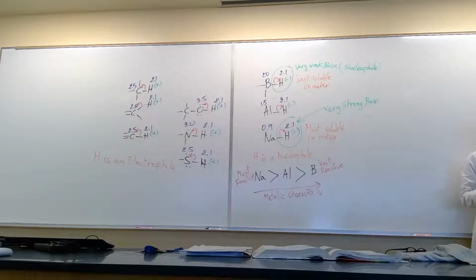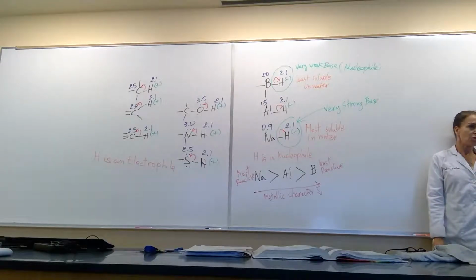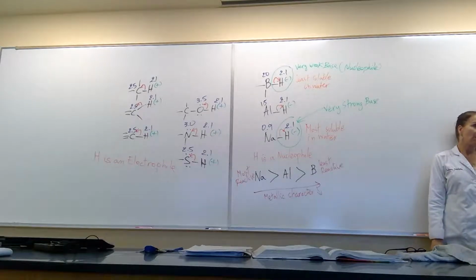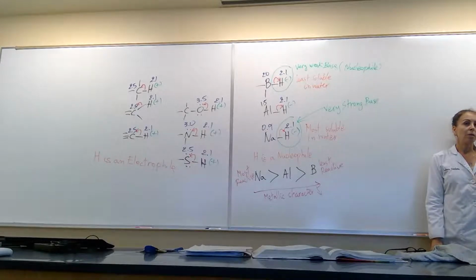A base means it grabs H+. So if it's going to grab H+, this one will grab H+ the fastest. If it's just sharing a lone pair, that's the most plausible scenario. A nucleophile is just sharing lone pairs, whereas a base is grabbing H+. So base follows more the Bronsted definition, and nucleophile follows the Lewis definition.